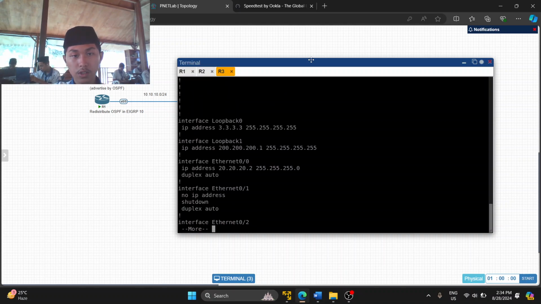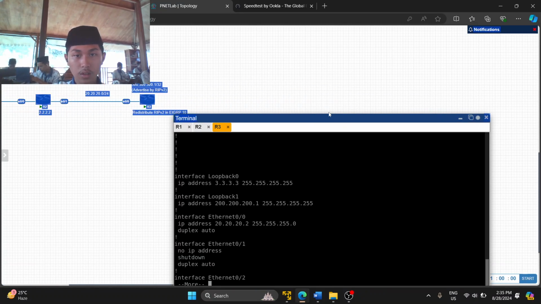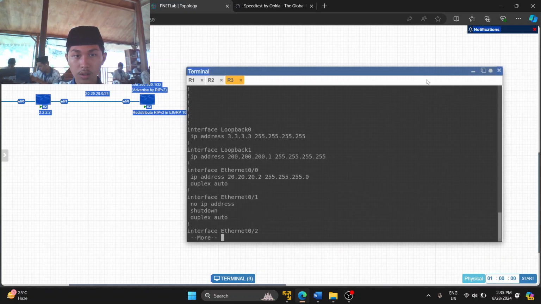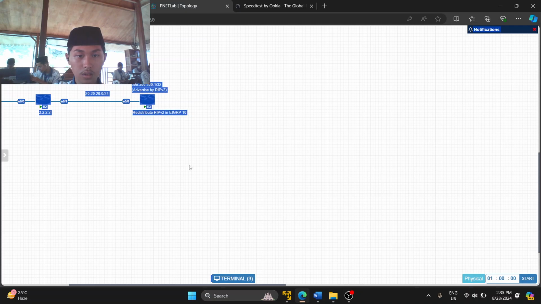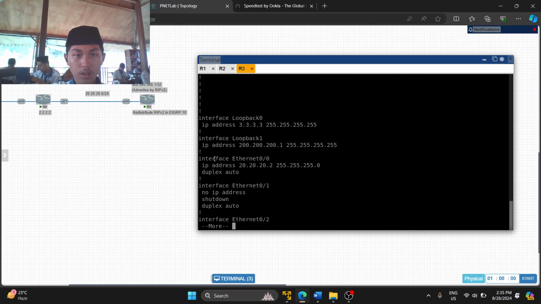Here in router 3, as you can see, for interface loopback 0, we have the IP address 3.3.3.3 prefix /32, and the interface loopback 1, as you can see here, 200.200.200.1 prefix 32, not 100, yeah, it's wrong. Then interface E0/0 uses IP address 20.20.20.2/24.